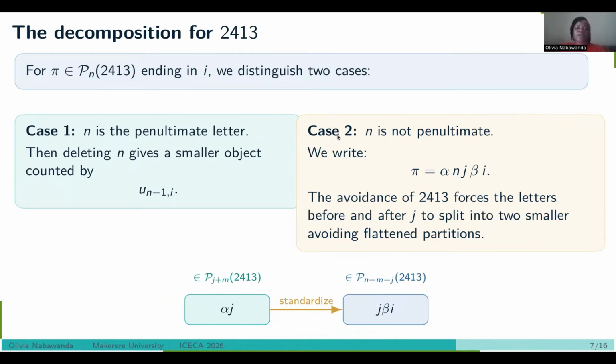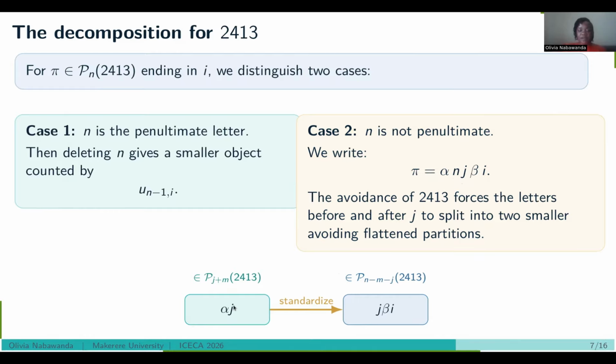How about the case where n is not penultimate? That means we write our pi in this form, and here is where the decomposition comes in. You realize that we can decompose our pi into two subwords or subsequences, which are themselves 2413 avoiding after standardizing.